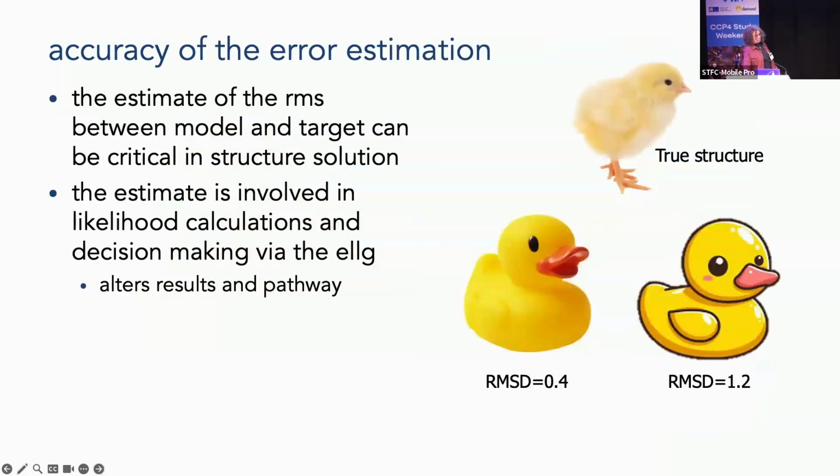So, number 1, the accuracy of the error estimation. You have an estimation of the errors of your models, which is normally expressed in terms of an RMSD, say 0.4, 1.2. But this is actually an uncertainty in itself. You don't know what value to put in. And this feeds through into molecular replacement, both in its ability to generate the right result, but it's also involved in the pathway through the process because it's involved in the calculation of something called the expected LLG, which changes the pathway.